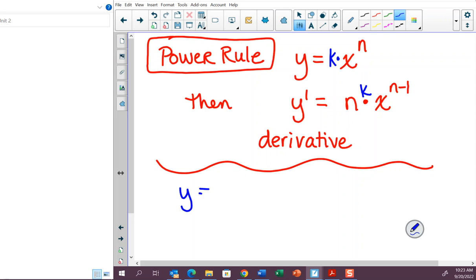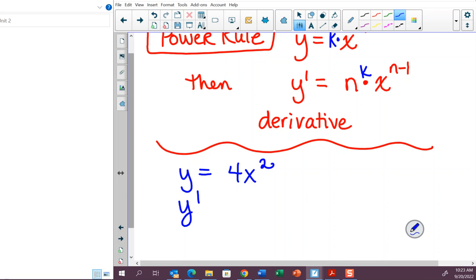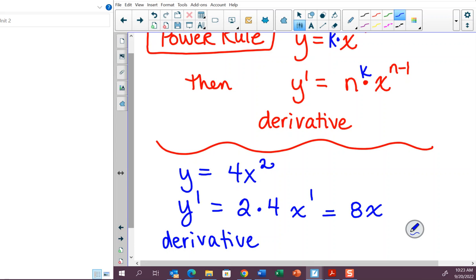When I have 4x squared, then y prime, or my derivative, is 2 times 4 times x to the first power, or 8x.